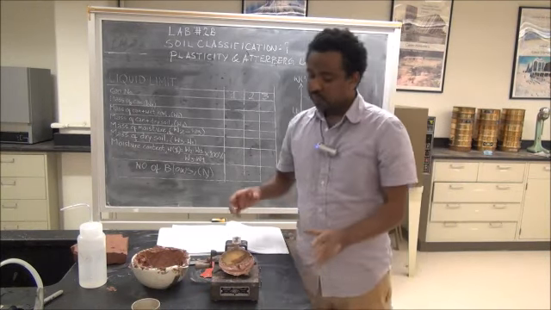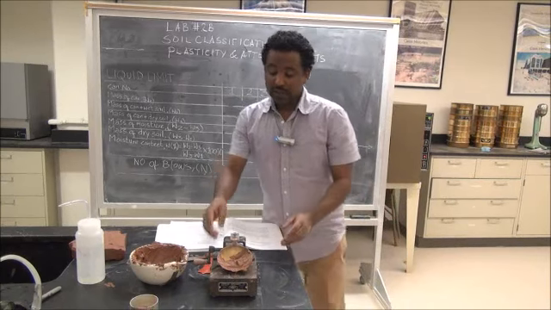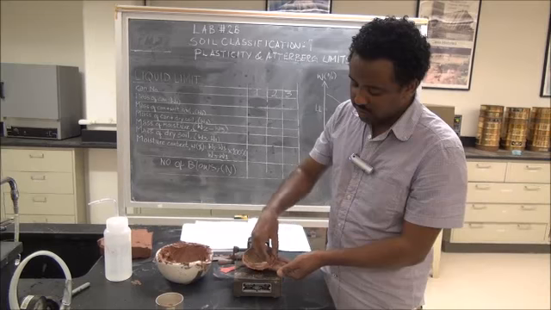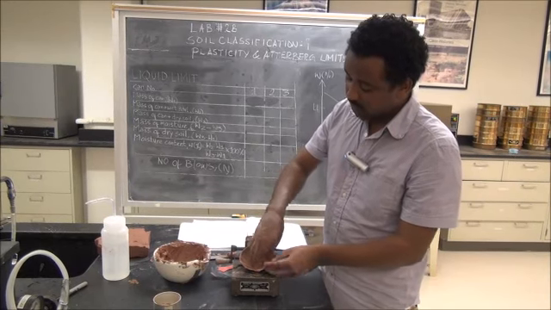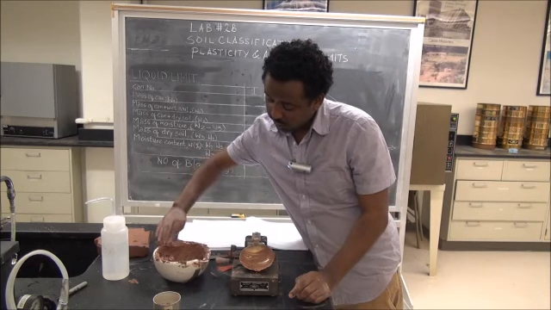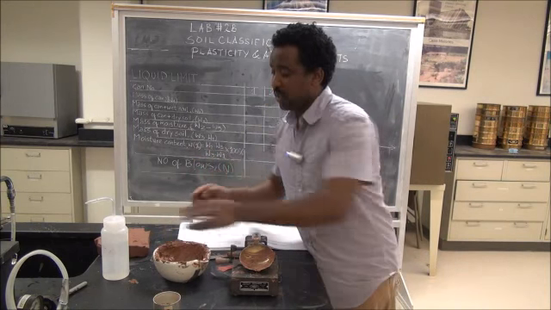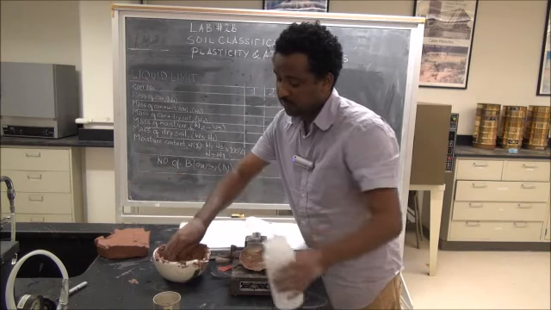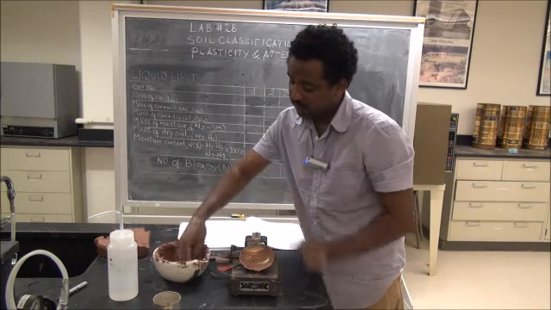So after this, what you do is you just remove this sample, and put it back into the ceramic bowl, and you add some water, and you mix it well.